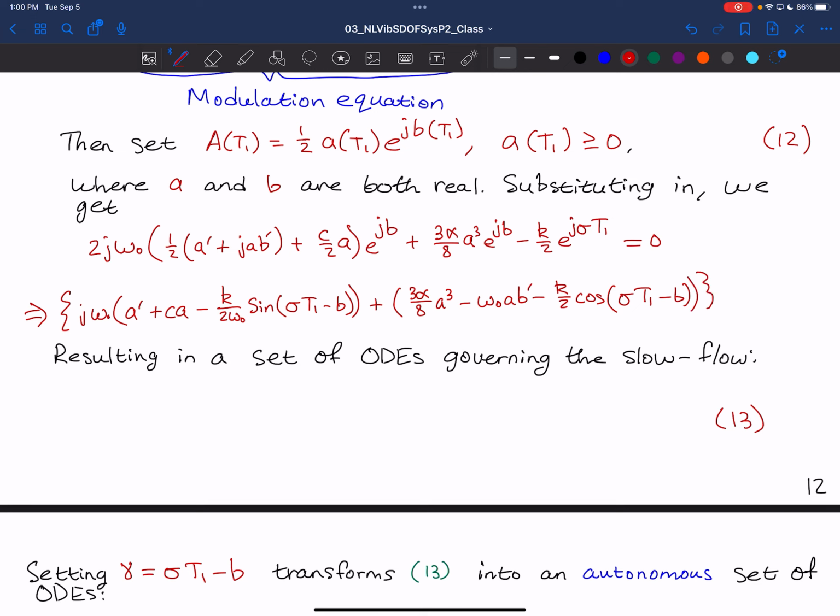And then all of that multiplied by e^(jB), and that is equal to 0.